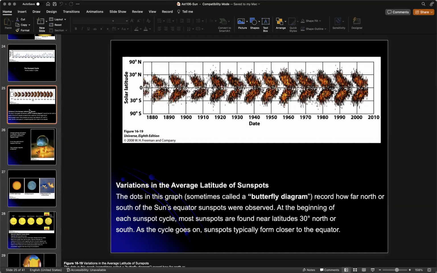In general, this tells us that at the beginning of the 11-year cycle, the sunspots form near 30 degrees north and 30 degrees south latitude in the sun. And as time goes on, they move closer and closer to the equator as they approach towards the peak of the cycle, and then they disappear and then reappear again at 30-degree north and south.